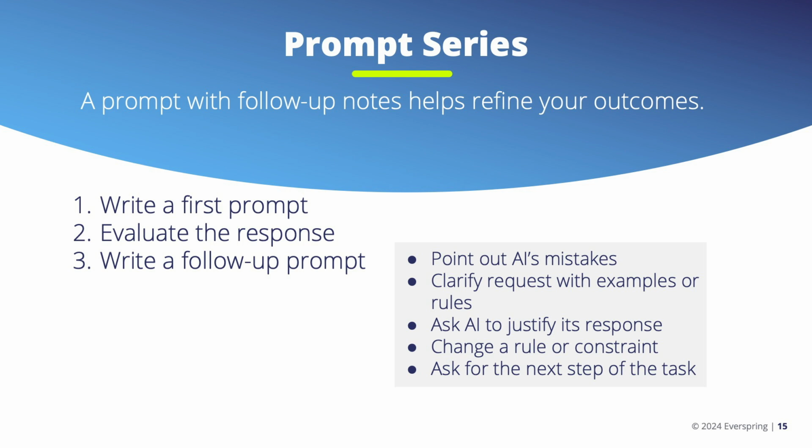You could say something like, "Can you explain machine learning with an example from healthcare?" You can then use follow-up prompts to clarify your request by pointing out any mistakes the AI made or to request justification for its answers. For example, "Why did you say that deep learning is a subset of machine learning?" Or if your focus shifts, you might modify your initial prompt and ask, "Now, explain machine learning in the context of financial analysis."